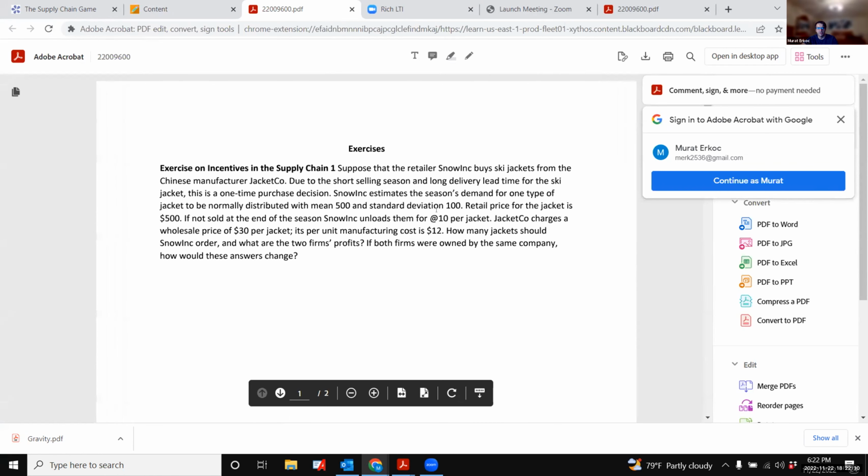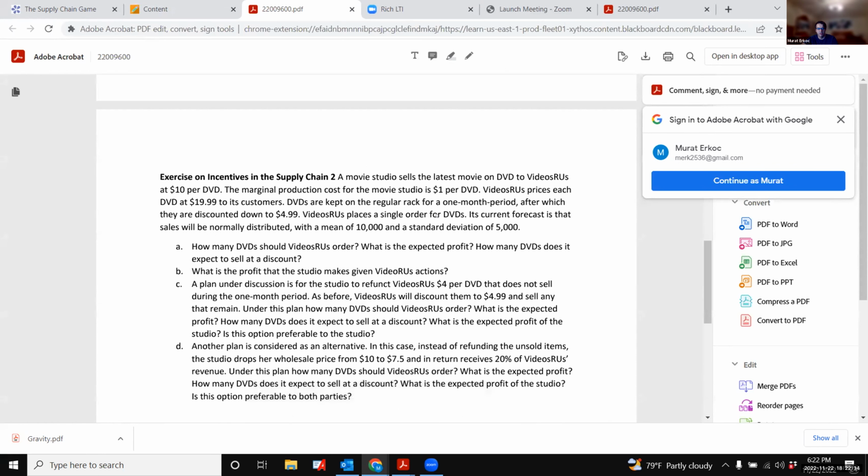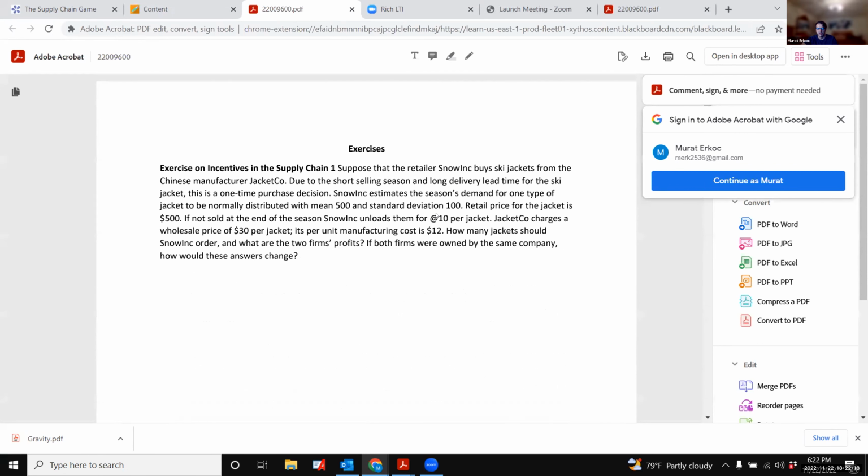There are two questions. One is more about a buyback contract. The second one is a combination of maybe a buyback and revenue sharing. So we will be covering buyback contracts and revenue sharing contracts in these two exercises. The quantity flexibility contracts are also important, but I'm not going to go into the mathematical structure of those.